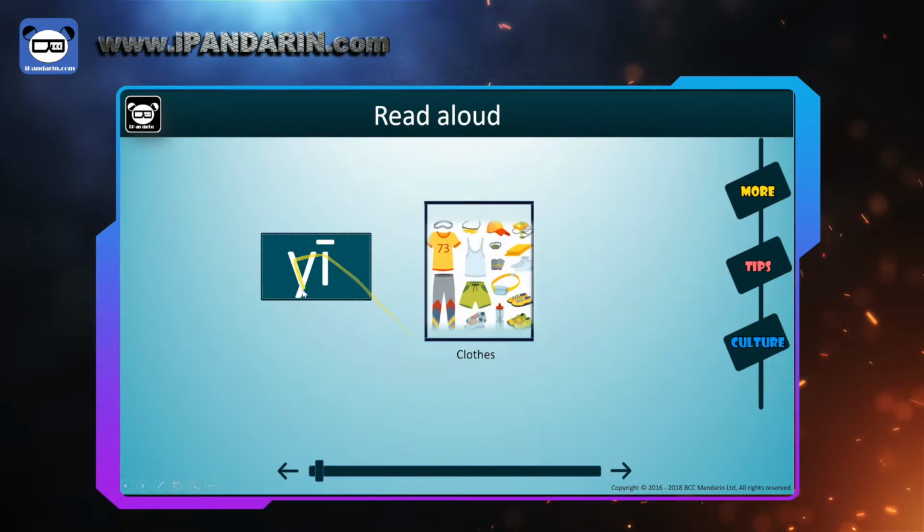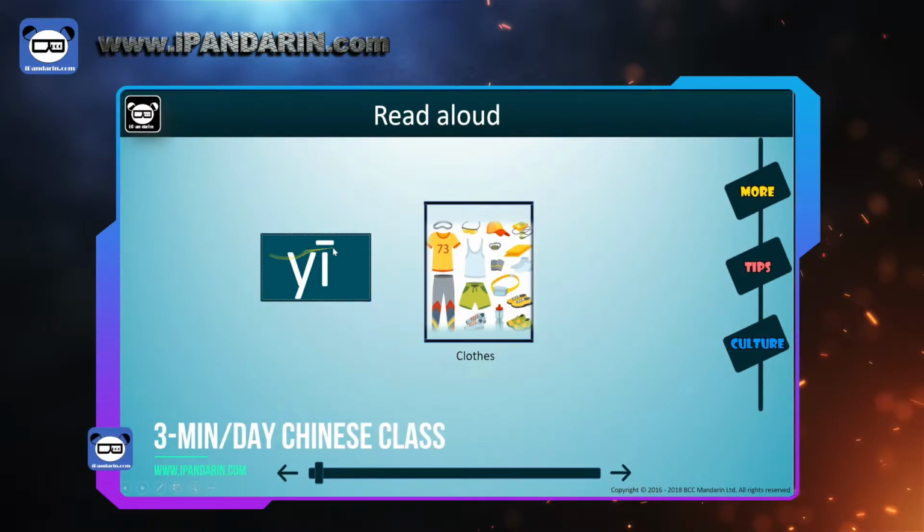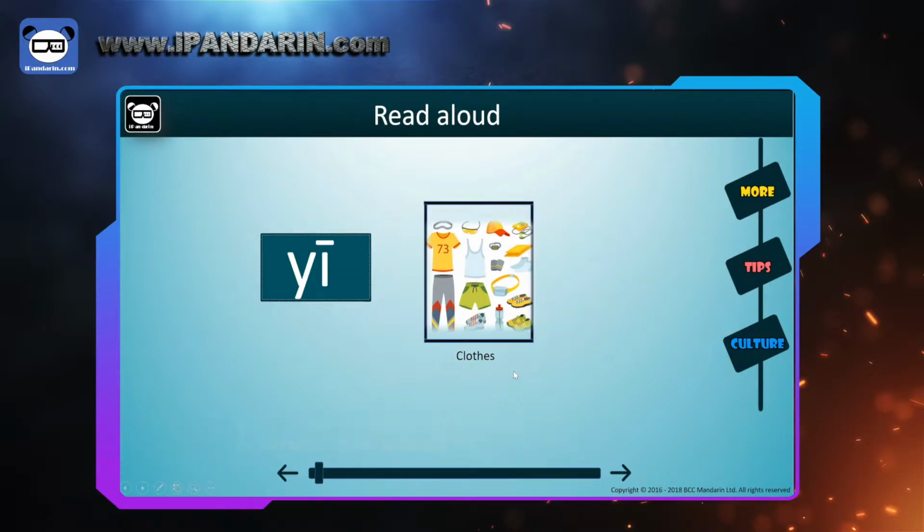Second example, the syllable E, which means clothes in Chinese, is actually the final E with first tone, but when we write it, we need to write the initial E in front, so it's pronounced as E, but written like this.